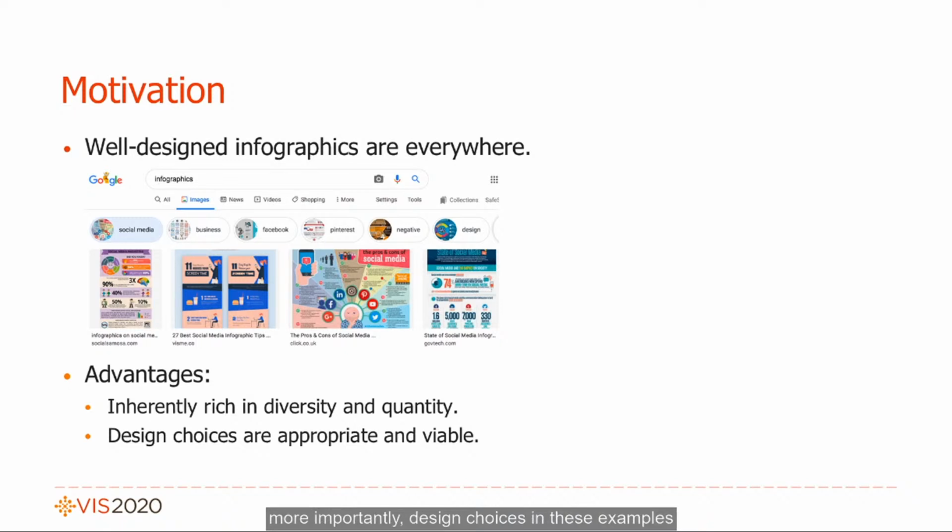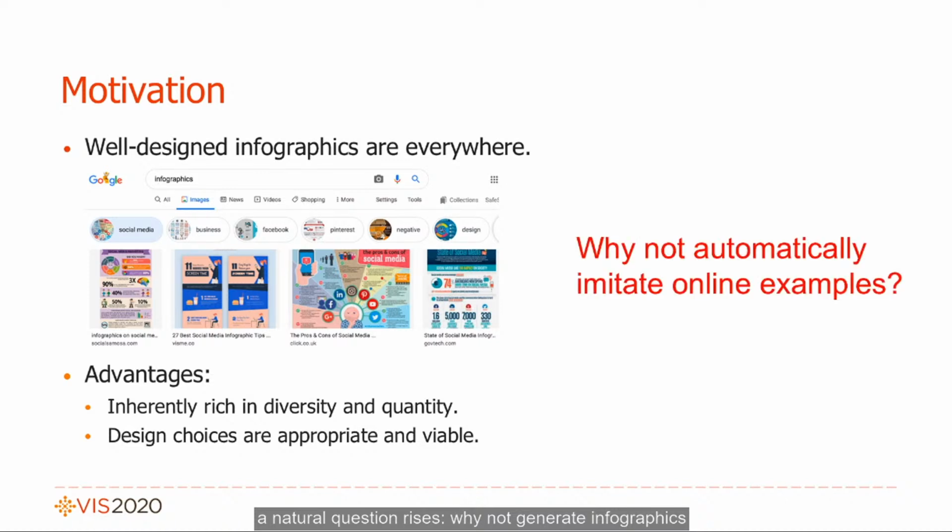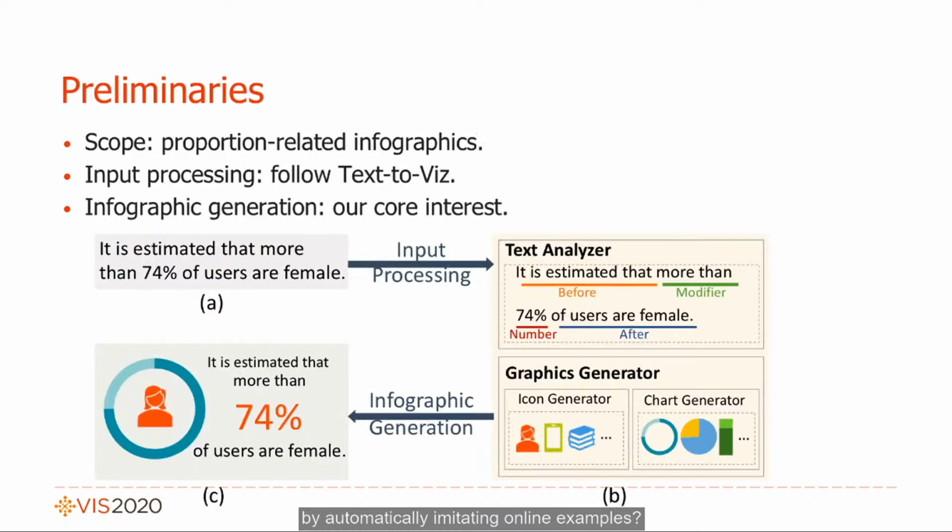More importantly, design choices in these examples are generally appropriate and viable in practice, as they are made and endorsed by professionals. Based on the above observations, a natural question arises. Why not generate infographics by automatically imitating online examples?